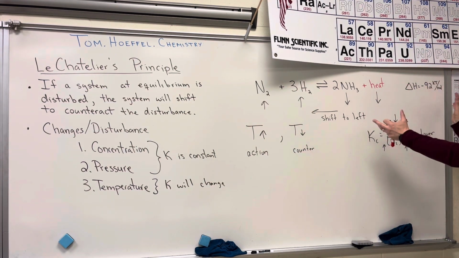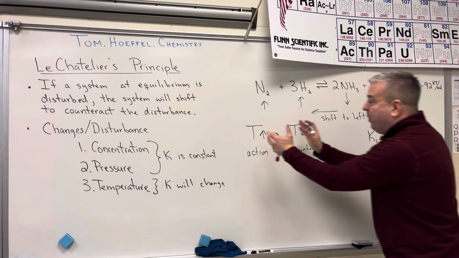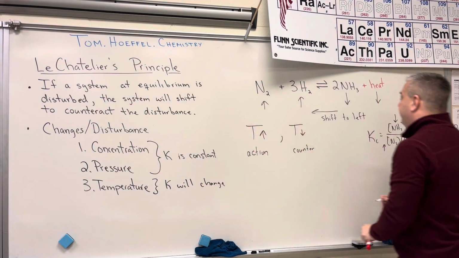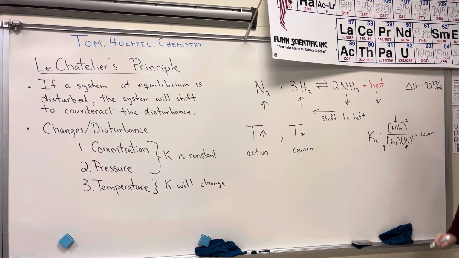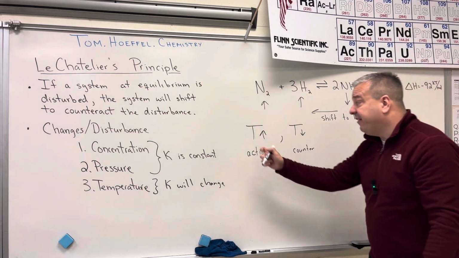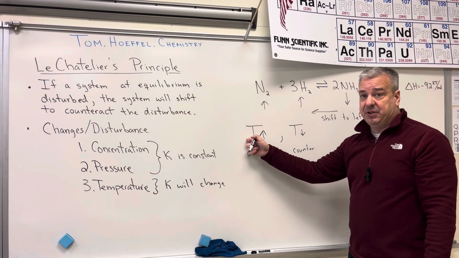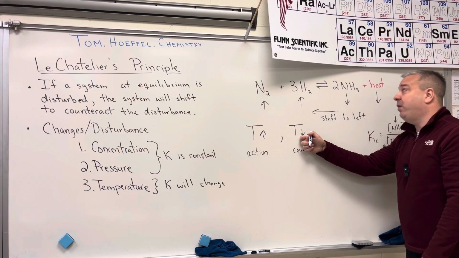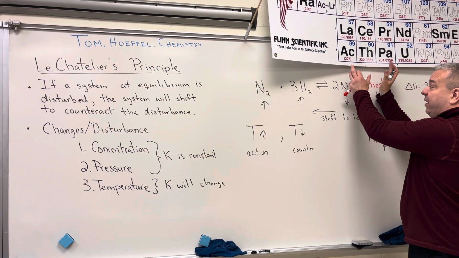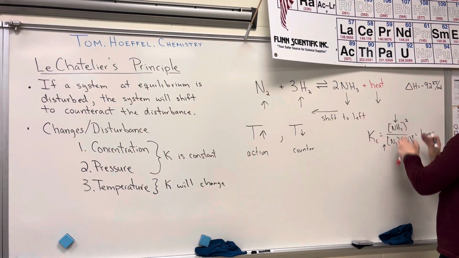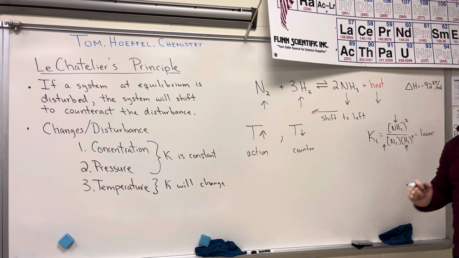So for this exothermic reaction, when we increase the temperature and it shifts to the left, we will get a lower K value. Of course, the opposite would be true. If I lowered the temperature, the counteraction would be to create more heat, and if we create more heat, we're creating more products. This would shift to the right, leading to a higher K value.